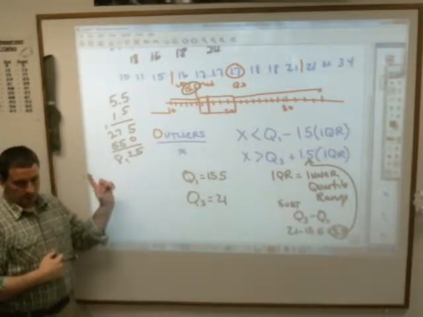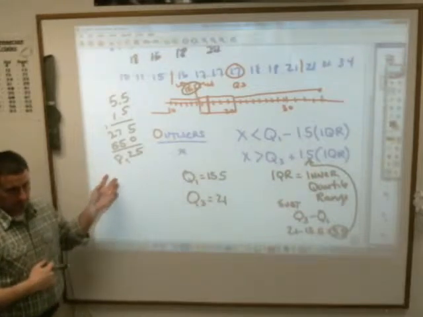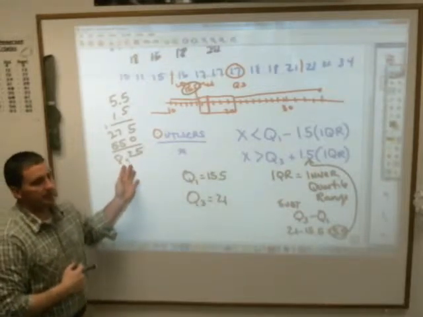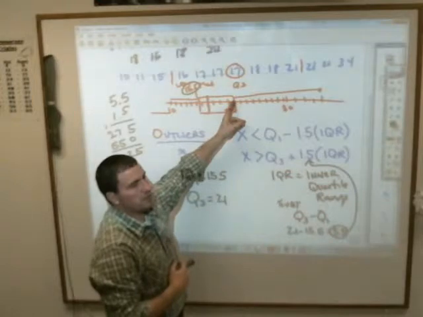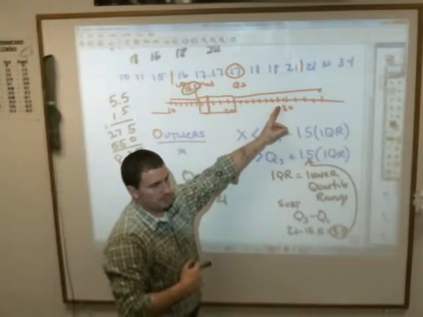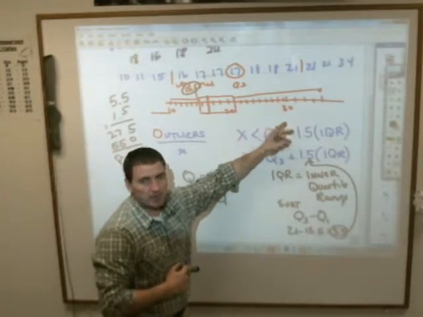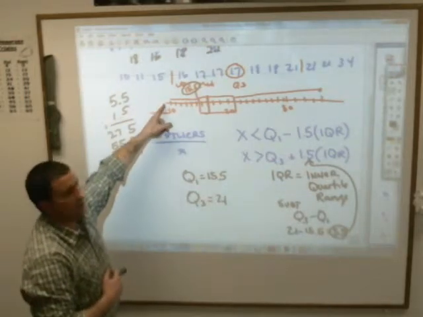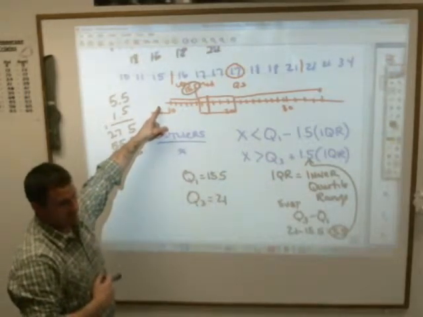This number here, ladies and gentlemen, 8.25, is how far you can go this way before something becomes an outlier, or how far you can go this way before something is an outlier.